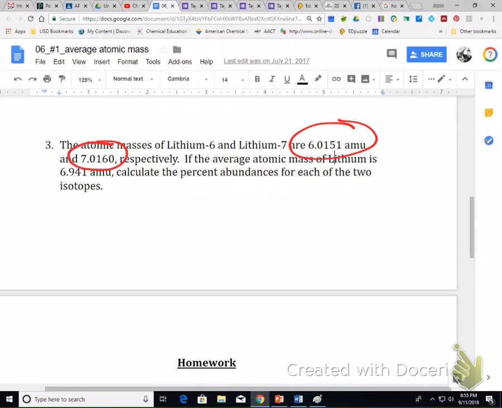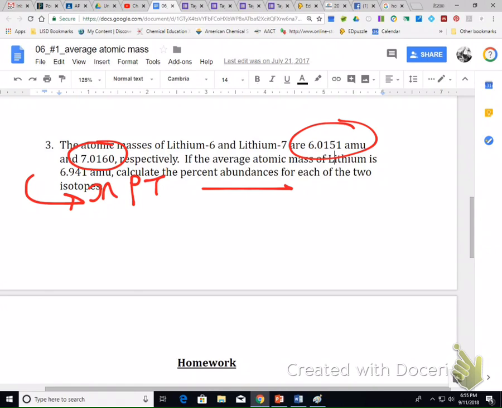If the average atomic mass of lithium is 6.941, okay, so what this is telling you is this is the one on the periodic table. That's the average right there. And this problem wants us to calculate the percent abundance. So we're looking for the percents.